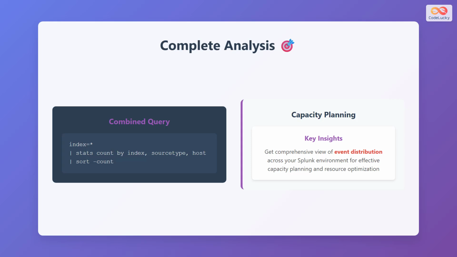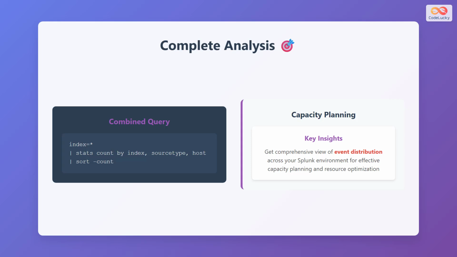For the most comprehensive analysis, you can combine all dimensions using index equals * pipe symbol stats count by index, sourcetype, host pipe symbol sort - count. This powerful query provides a complete view of event distribution across your entire Splunk environment by breaking down the data by index, sourcetype, and host simultaneously.